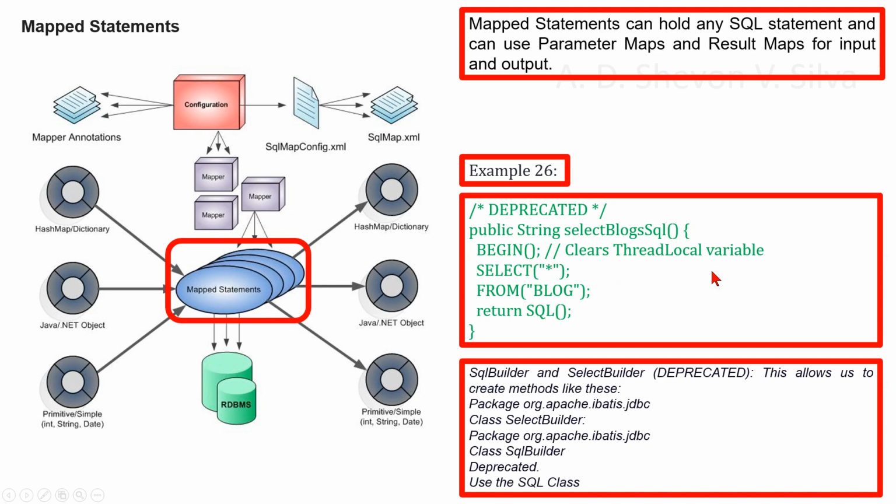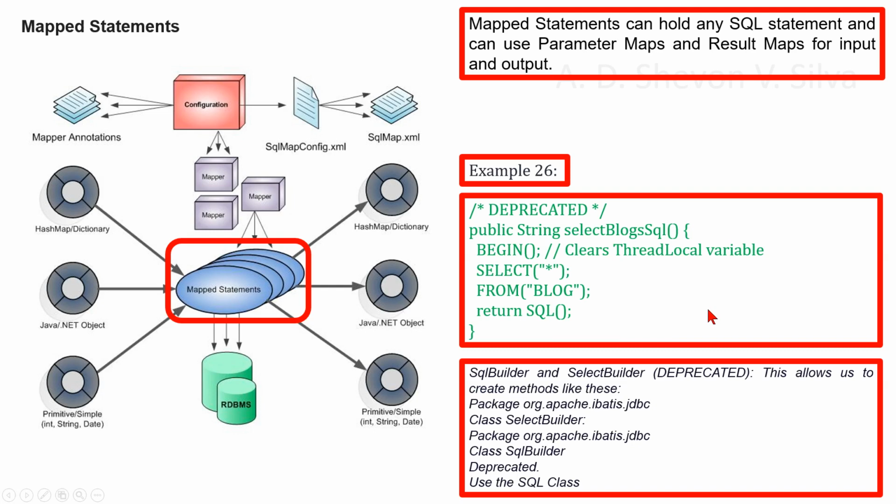The reset method reads the best when clearing a statement in the middle of execution for some reason, perhaps if the logic demands a completely different statement under some conditions. SQL returns the generated SQL and resets the select builder state as if the begin or reset method was called. Thus this method can only be called once.